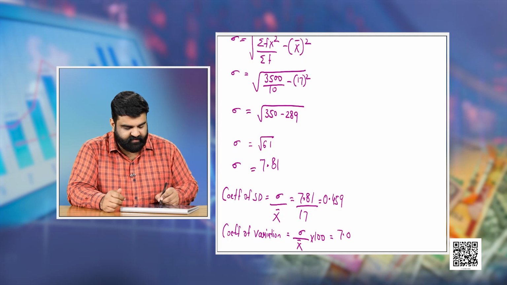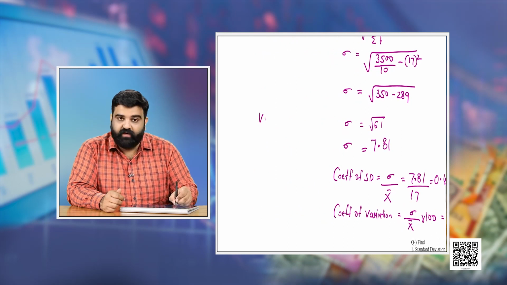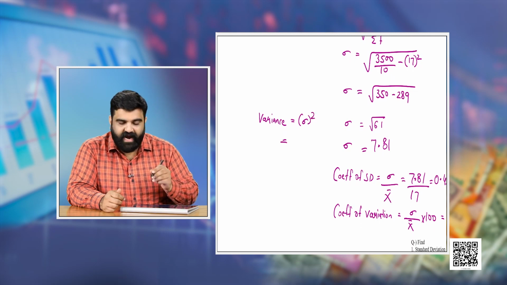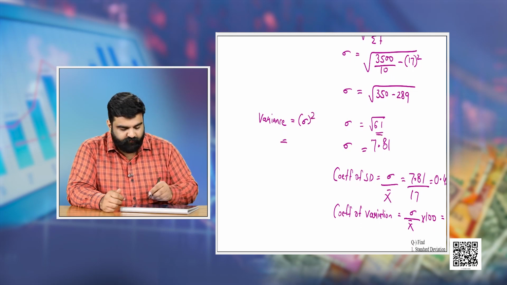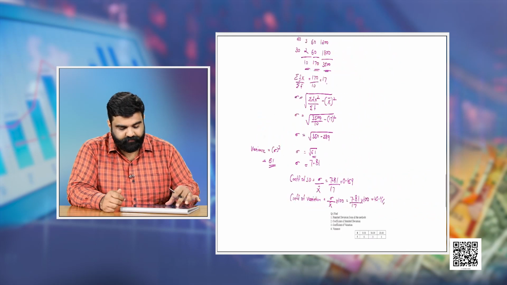So, the answer to this will be 7.81 upon 17 into 100. So, my answer to this will be 45.9%. Let us also calculate variance. So, we know that variance is actually the square of standard deviation. So, we had this root 61, which was actually the variance. So, variance will be 61, that is the square of 7.81.